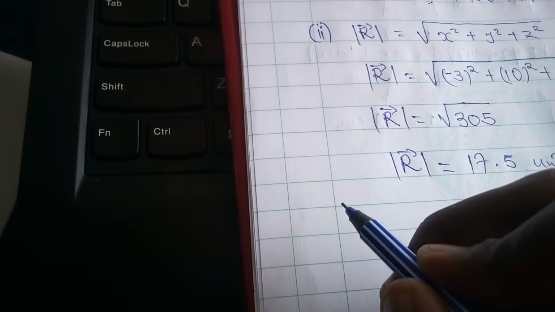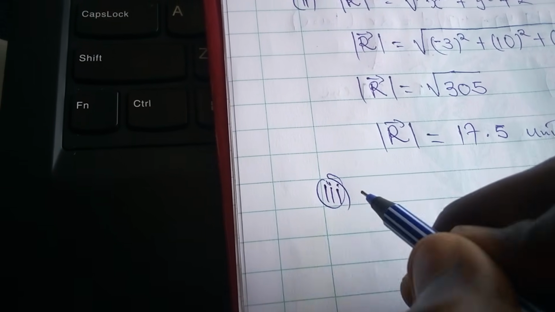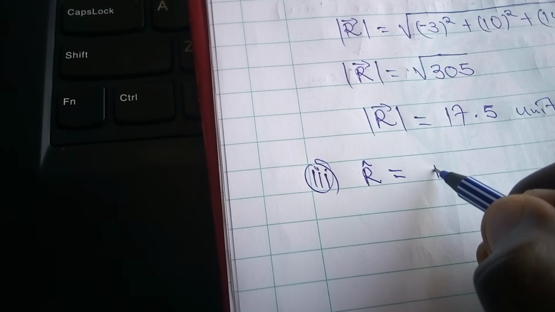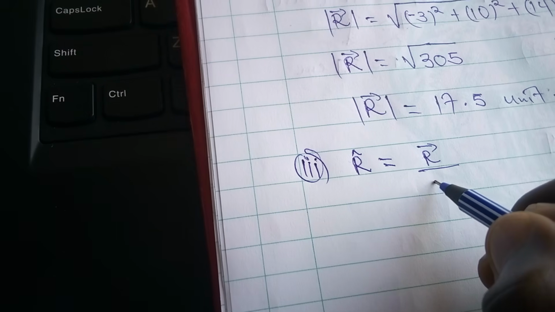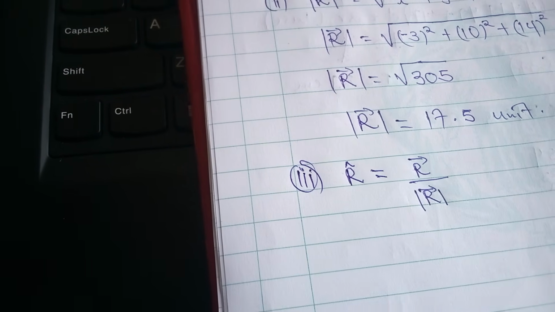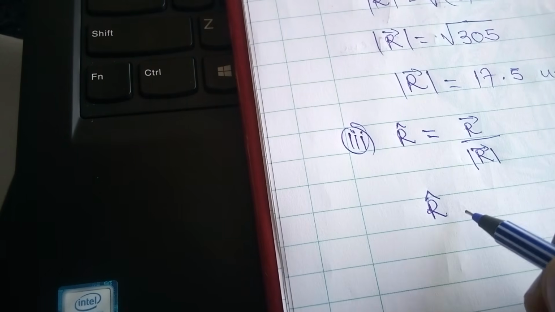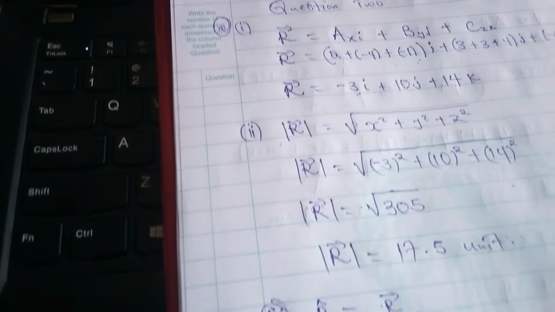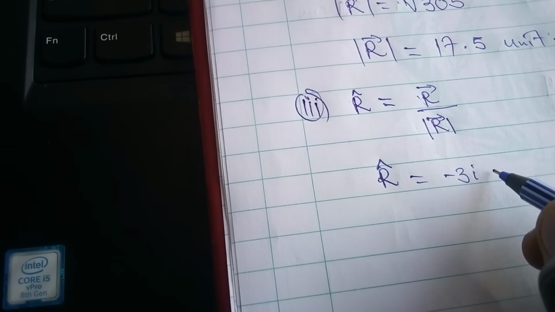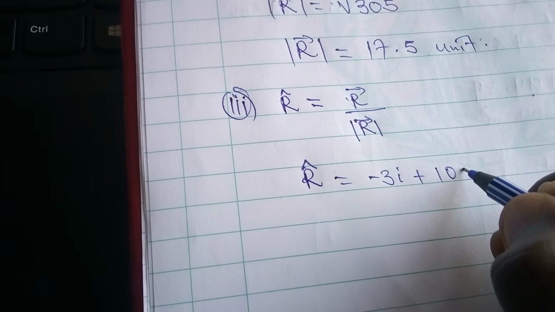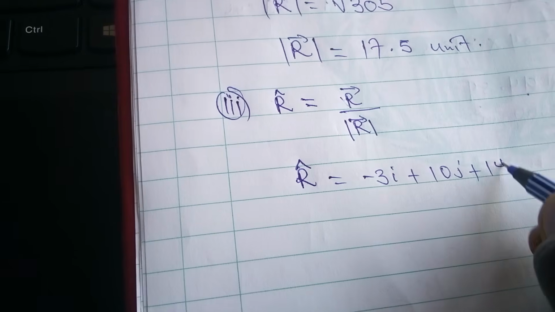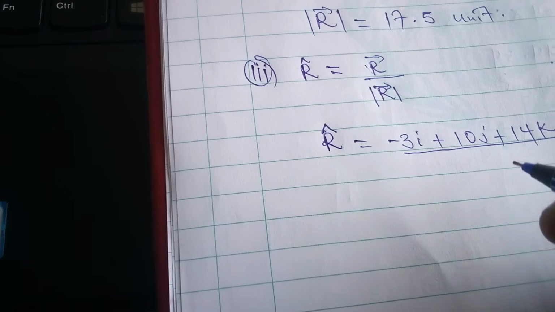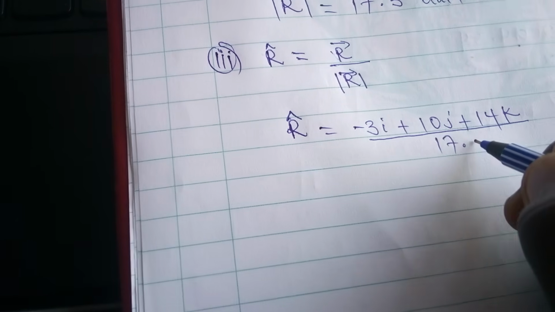What you should bear in mind is that the unit vector of the resultant is equal to the vector itself, that is R, over the magnitude. So the unit vector is equal to the vector we calculated, which is negative 3i plus 10j plus 14k, divided by the magnitude of the resultant, that is 17.5.